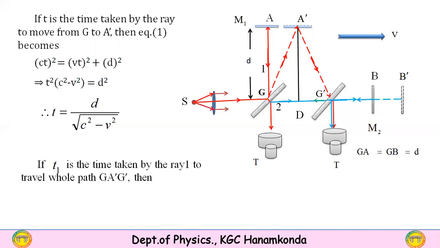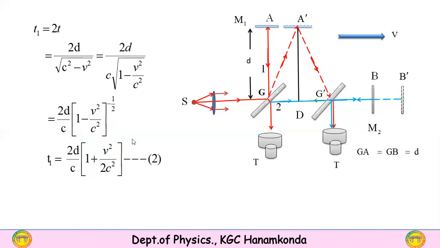If t1 is the time taken by ray 1 to travel the whole path G A dash G dash, this is the time t1. Then t1 equals 2t, because here we have calculated only the time taken by the ray to reach the GA dash distance. But here this ray has traveled GA dash and A dash G dash.